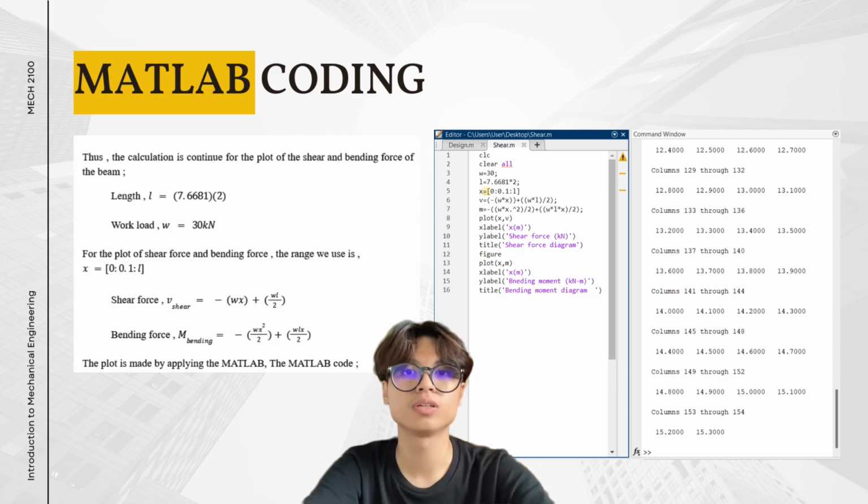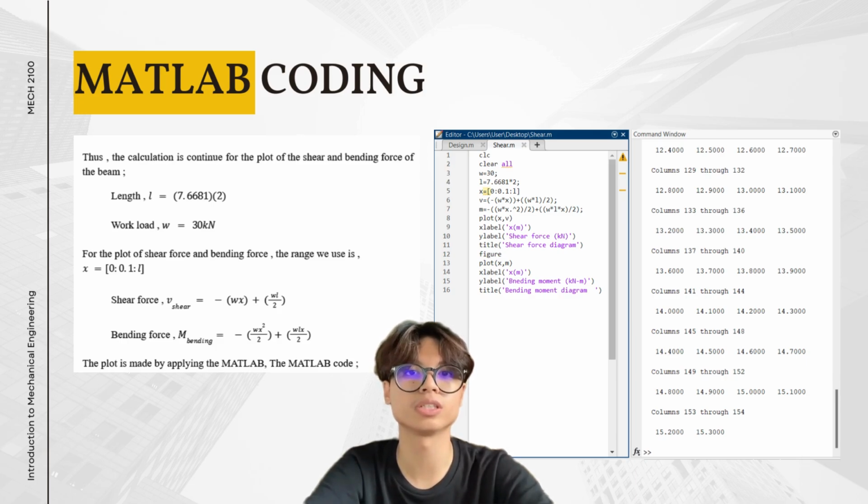The range we use in the diagram is x equal to 0, 0.1, and L, where 0 represents the minimum value of the diagram, 0.1 represents the scale of the x-axis, and length is the maximum value of the diagram. This is the shear force equation and also the bending moment equation.